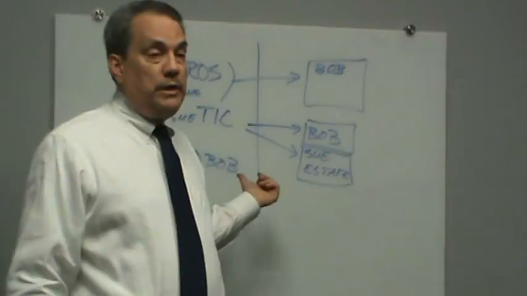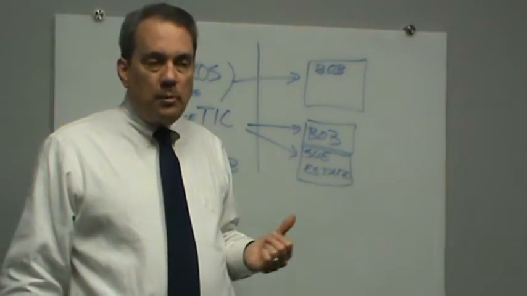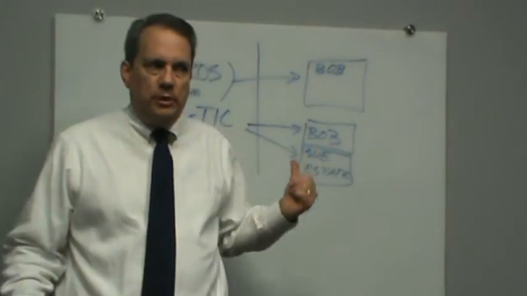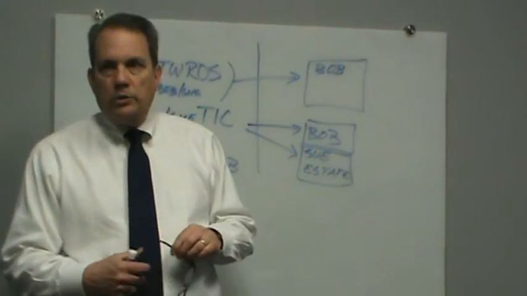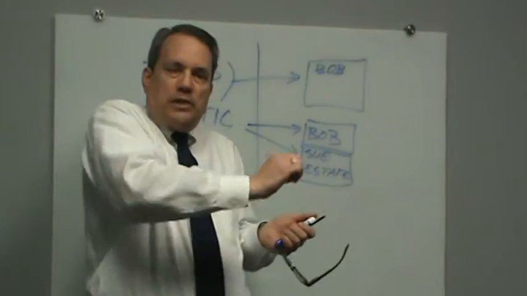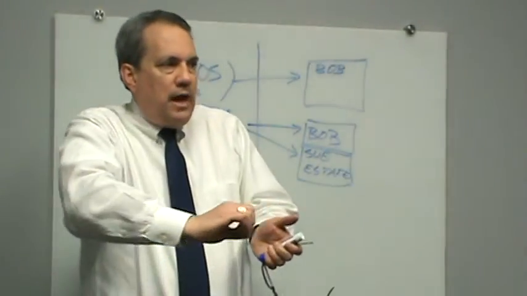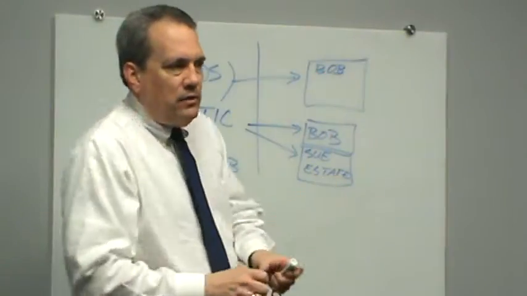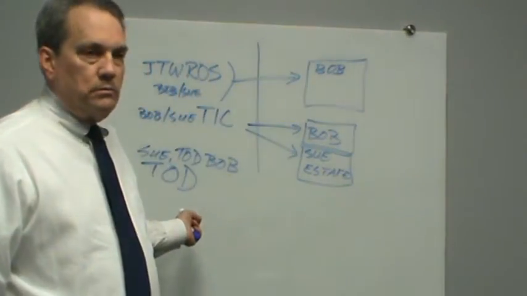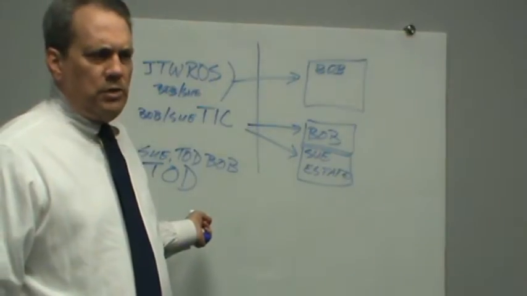I'll tell you what a TOD account is. You remember how Aunt Millie, your favorite aunt, passed away, and when you went into her house she had taken masking tape and said, I want Sally to have this, I want Jimmy to have that, and put it on the back of this and the back of that. That's what a TOD designation is. Could Sally and Jimmy have come in and just taken that stuff?